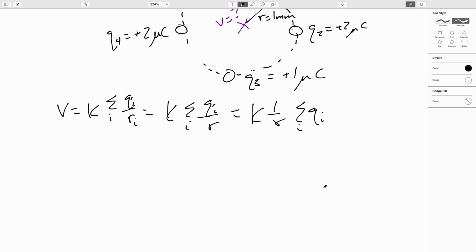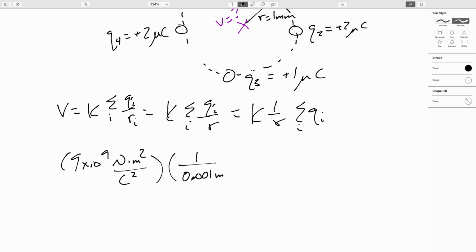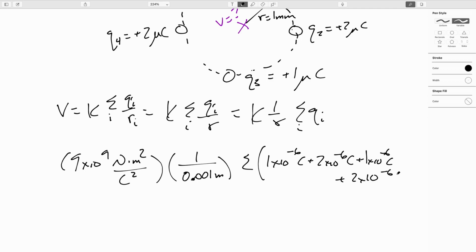All right, so let's go ahead and put in the numbers here. So this will be 9 times 10 to the 9 newton meters squared per coulomb squared, times 1 over 0.001 meters, times the sum of, well, we've got 1 microcoulomb, which is 1 times 10 to the negative 6 coulombs, plus 2 times 10 to the minus 6 coulombs, plus 1 times 10 to the minus 6 coulombs, plus 2 times 10 to the minus 6 coulombs.